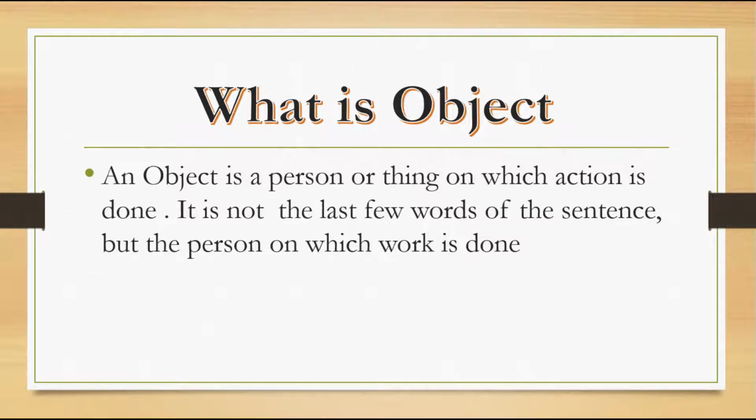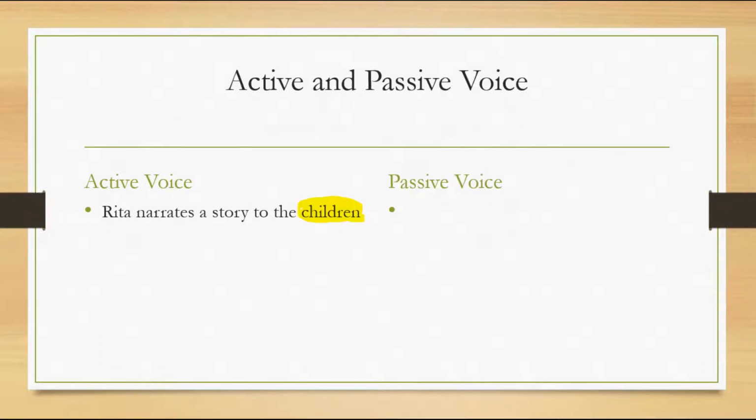Please students, mind this sentence, please keep this sentence in your mind. An object is a person or thing on which action is done. It is not the last word of the sentence. Sometimes students may get confused, the last word of the sentence must be the object, but it is not so. So our sentence is, Rita narrates a story to the children.